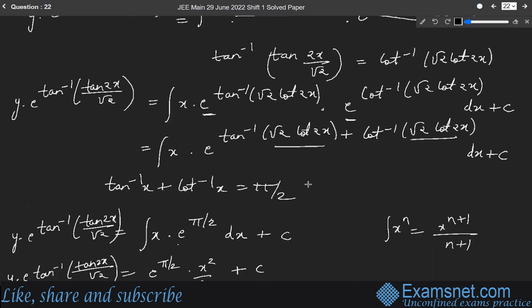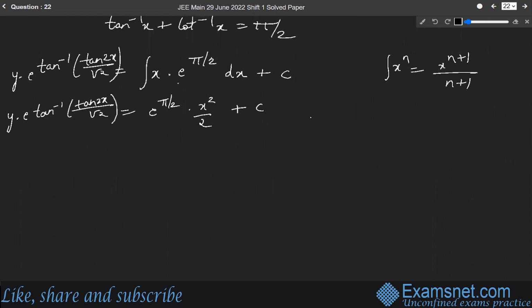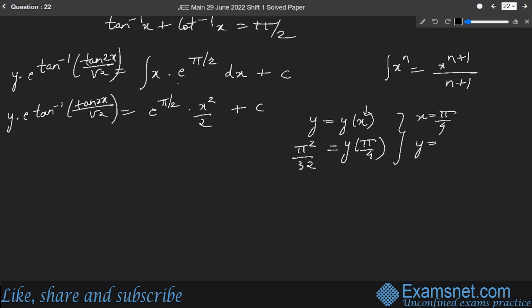When we compare both these values, we get x is equal to pi by 4 and y is equal to pi square by 32. It simply implies that when x is equal to pi by 4, then y is equal to pi square by 32. So when we put these values here, we get the value of the constant, which is c is equal to 0.